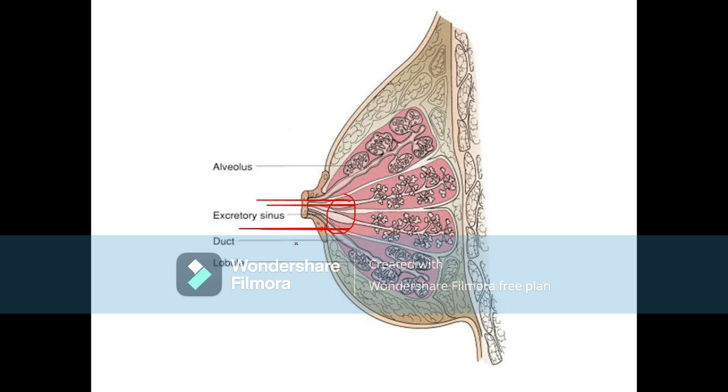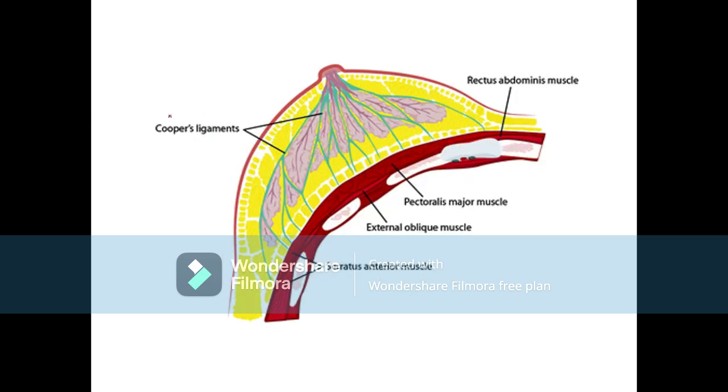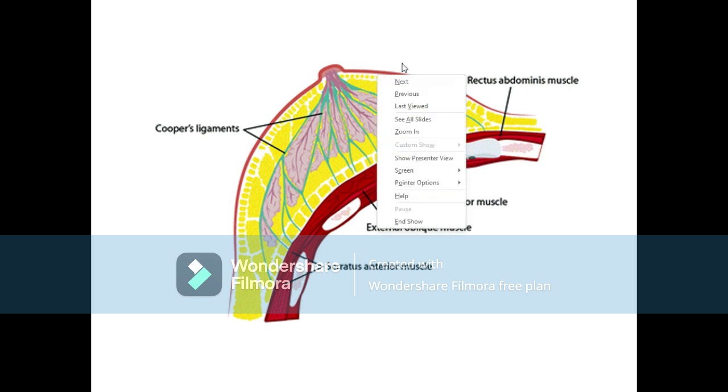They are surrounded with adipose tissue. Between these glands, we have connective tissue in the form of suspensory ligaments, also called the ligaments of Cooper. They connect the fascia below the skin of the breast to the fascia on the pectoral muscle.